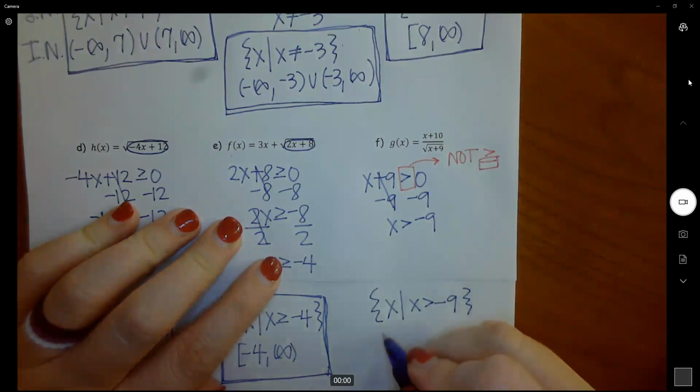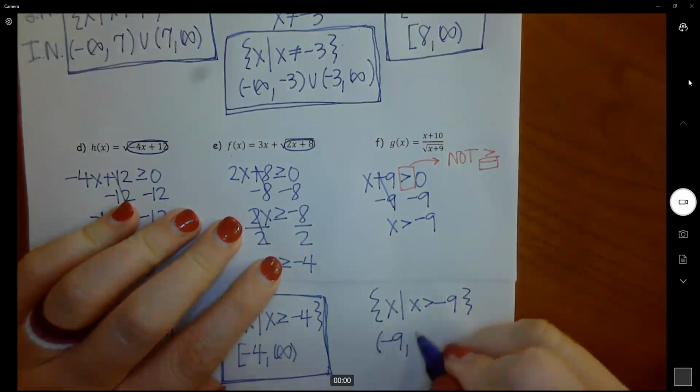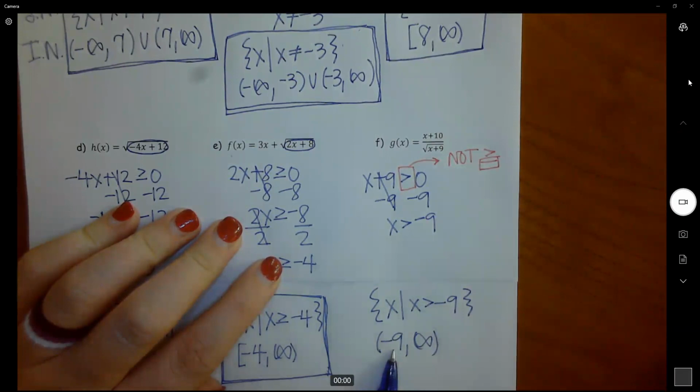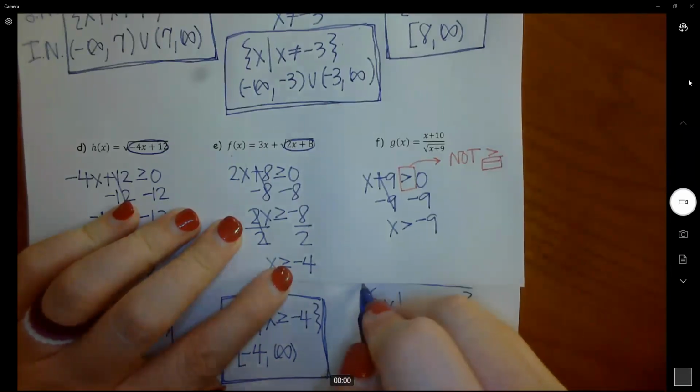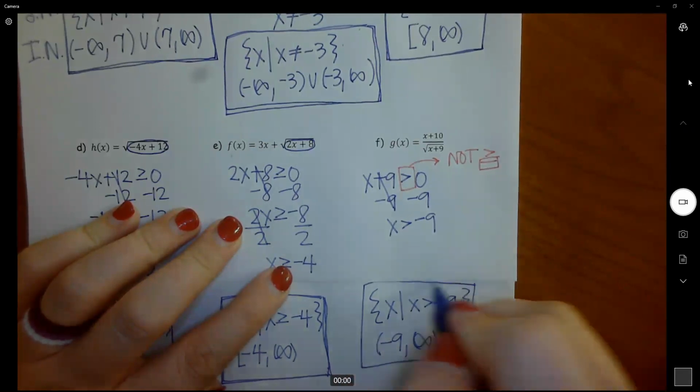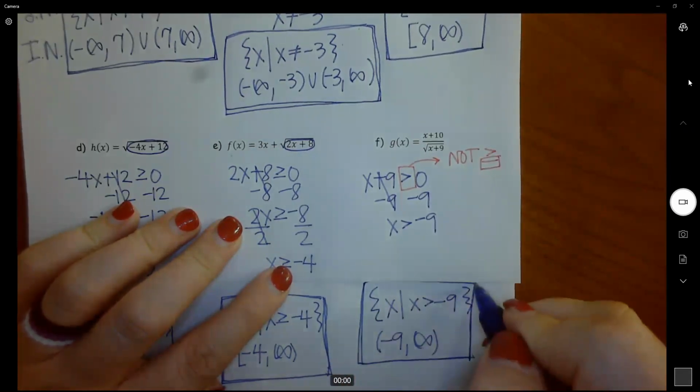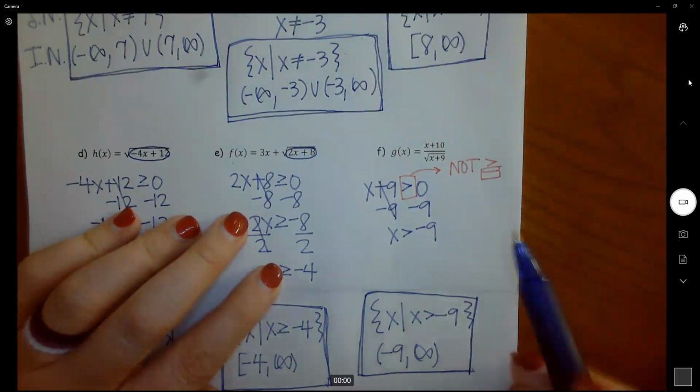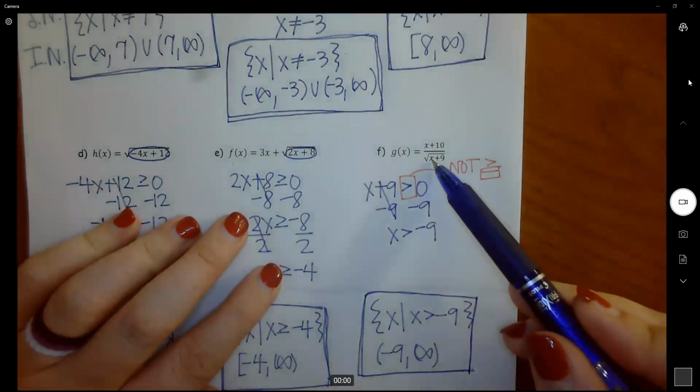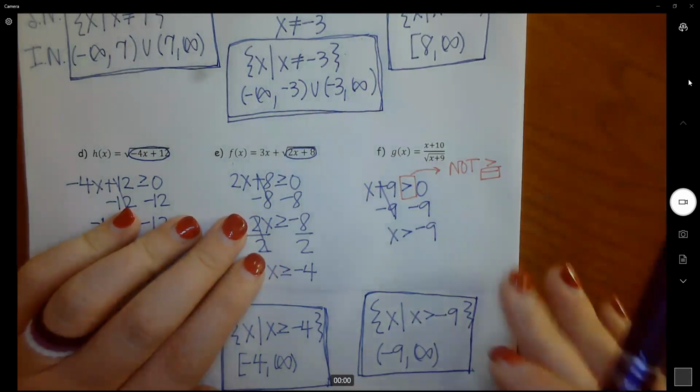And in interval notation, this is parentheses, -9 to infinity, because this 9 is not included. If you include -9, when you plug this in, you get -9 plus 9 is 0, and the square root of 0 is 0, and you divide by 0.